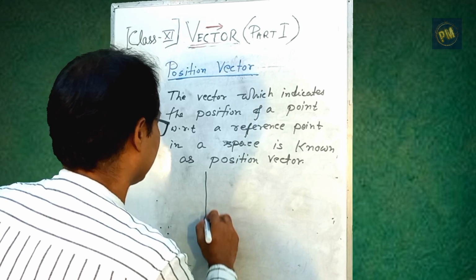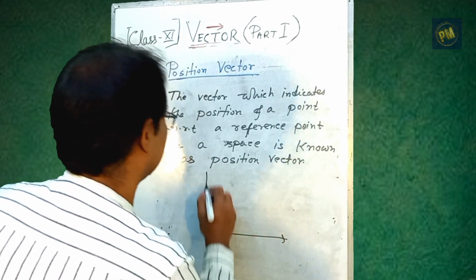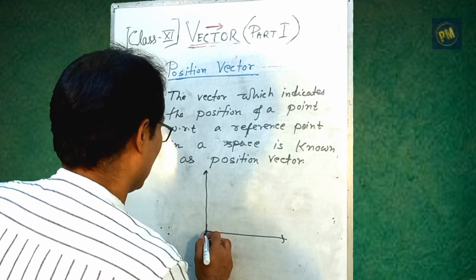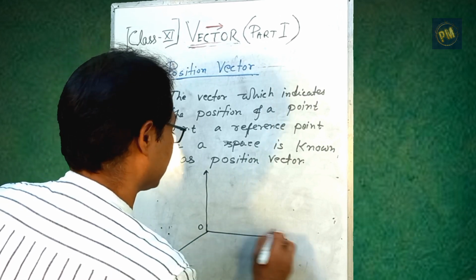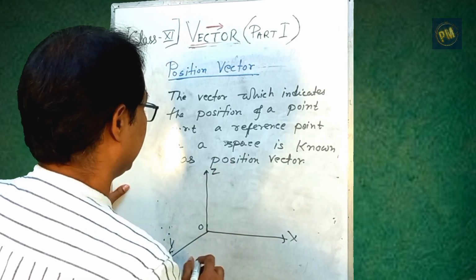Take a diagram. Let us draw the three-dimensional Cartesian coordinate system OX, OY and OZ.